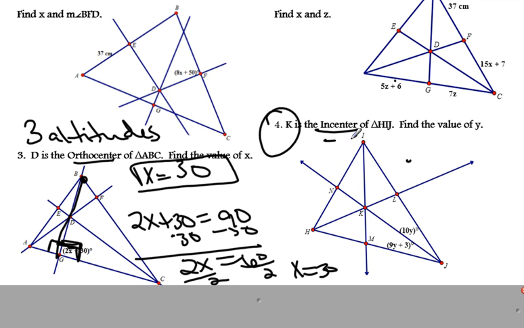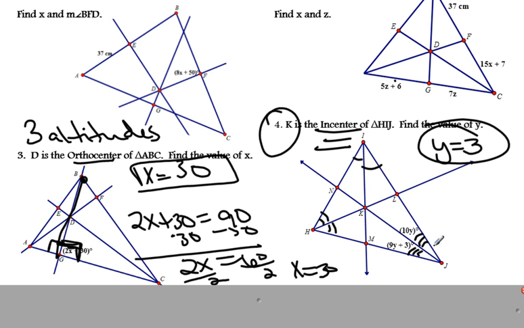The last one, it says K is the incenter. Use your definition above to find out which markings to make on your picture for incenter and solve for y. Pause the video. Okay, and you should have gotten y is 3. As soon as you see the word incenter, you should mark that the incenter is where 3 angle bisectors come together. So 1 angle bisector here, 2 angle bisector here, and this is also an angle bisector here.